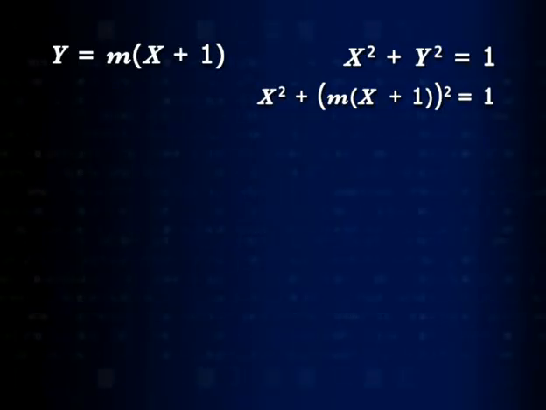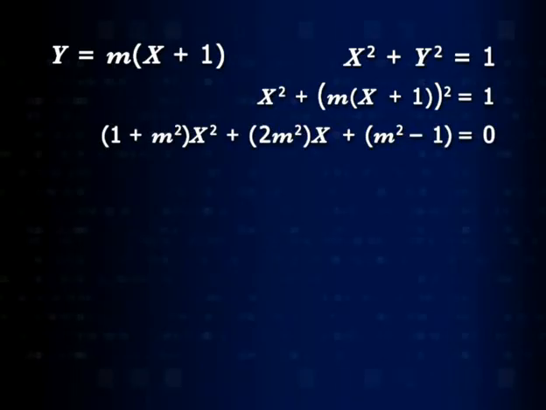Now, if we expand and recombine all the terms, this actually becomes the following. The quantity 1 plus m squared times x squared plus 2m squared times x plus m squared minus 1 equals 0. I know it looks a little bit messy, but look, there's no y's.